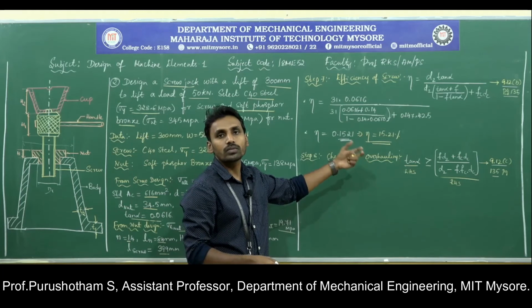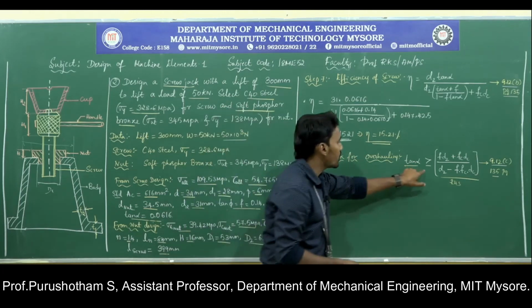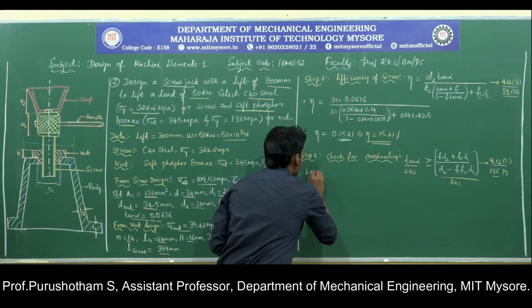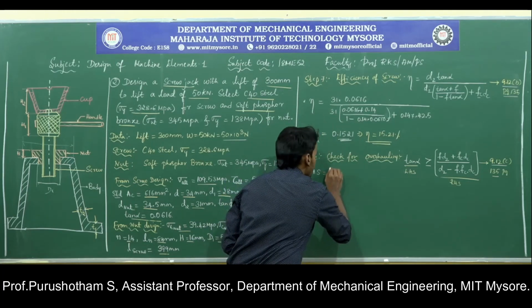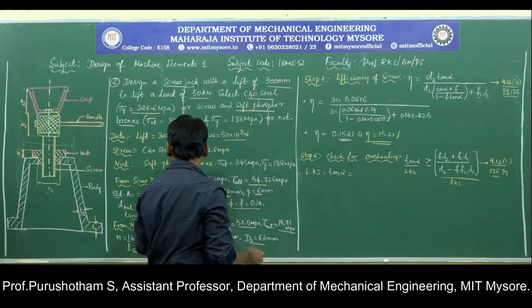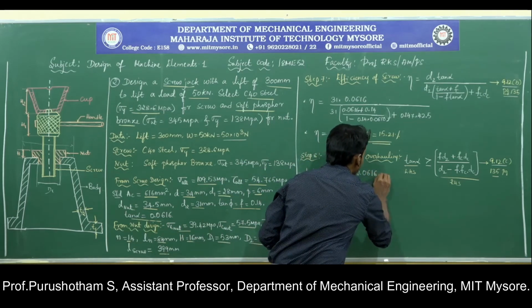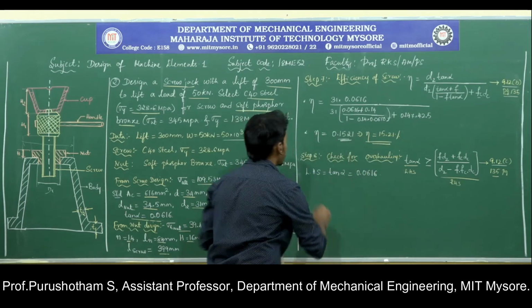That means the load descends on its own. So let us check this property. The LHS, that is tan alpha, is 0.0616.